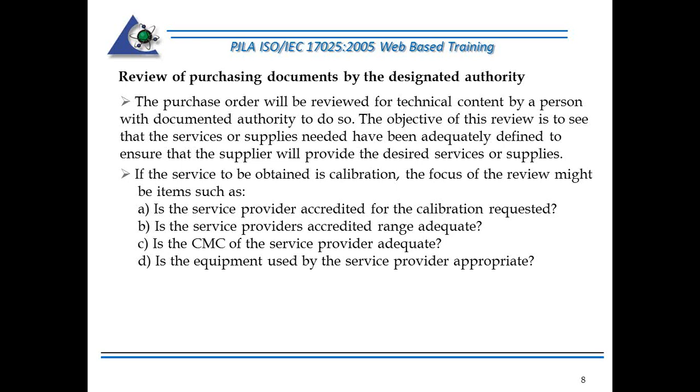you would select your calibration service provider on the basis of who has an appropriate CMC. You're going to anticipate that the actual uncertainty of the calibration is larger than the CMC, but typically not by a large amount, but it will be larger. So if there are a variety of magnitudes among the multiple vendors on your approved supplier list, you would probably pick the one that had the lowest CMC in the area in which you were seeking calibration.